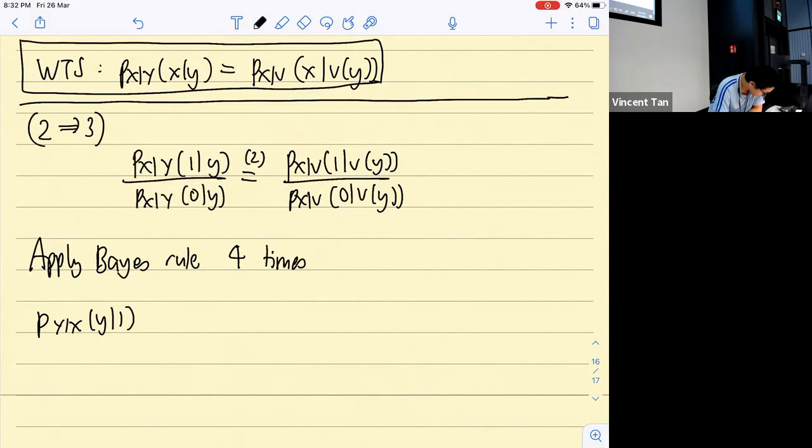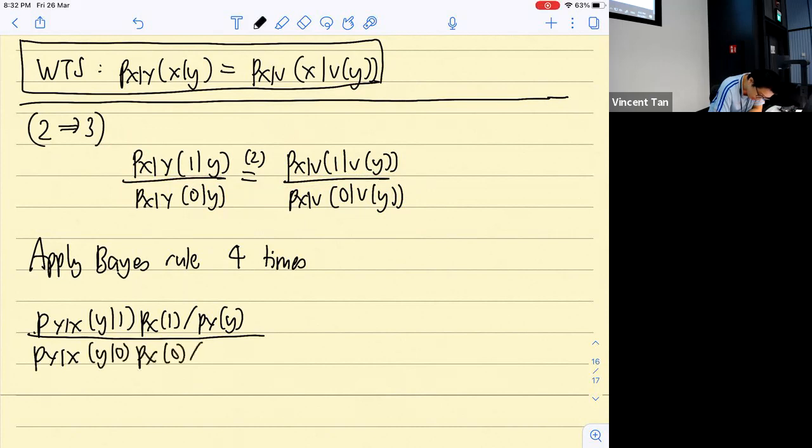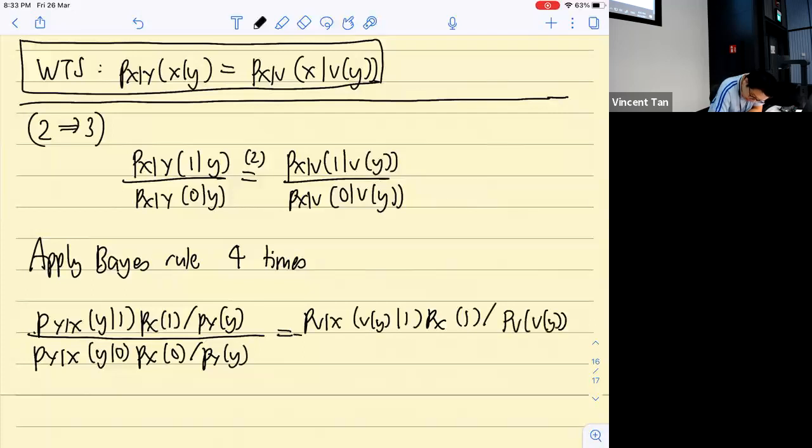This is equal to this multiplied by px1 divided by pyy. And here we have p of y given x, y given 0, px of 0 over pyy. On this side, we have p of v given x, vy given 1, p of x1 divided by p vy. And here we have p of v given x, vy given 0, p of x 0 over p of v vy.